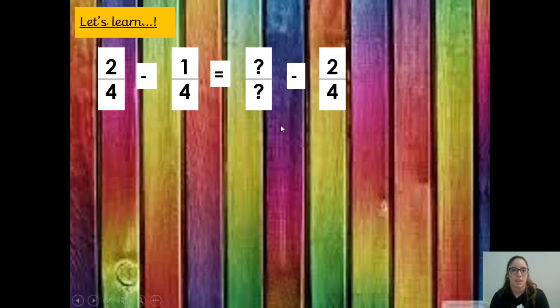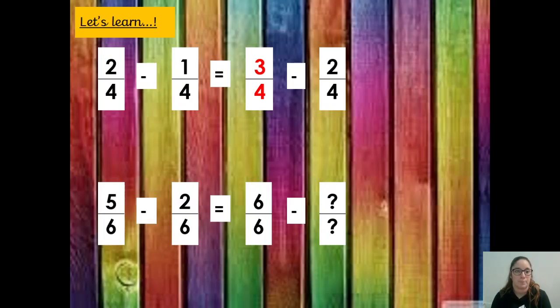So something take away 2/4 needs to equal 1/4. What's it going to be? Okay, so 3/4 take away 2/4 is 1/4. 2/4 take away 1/4 is 1/4. Okay, so it's the same, so it's equal, they're balanced.